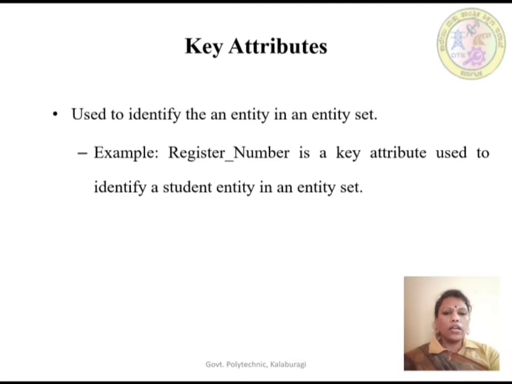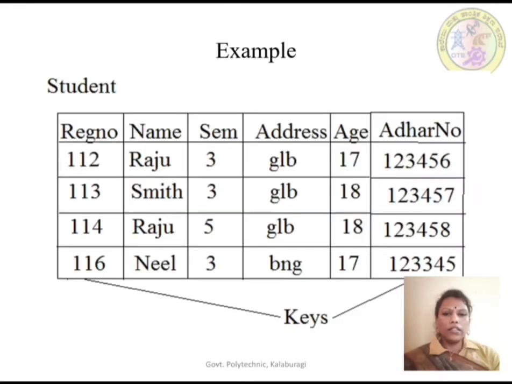Consider an example. Here we are considering student entity as an example. Here entity type is student. Entity set is 4 records. And the attributes are register number, name, SEM, address, age and Aadhaar number.